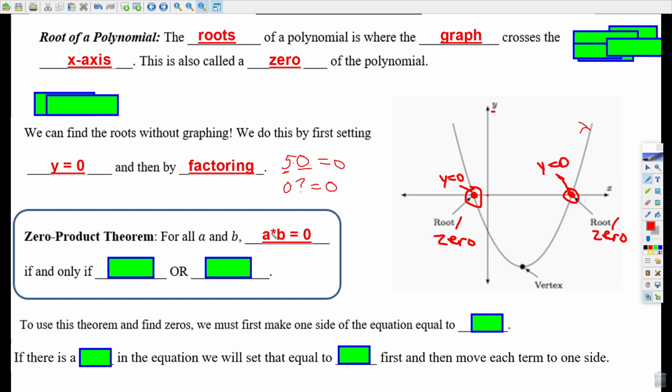So if I don't know the two numbers at all, all I can really say is that one of the two, or even both, but at least one of them has to be equal to 0. That's a pretty big concept that we're going to be using today. So if you have a times b equals 0, we know that either a is equal to 0 or b is 0. One of them has to be true in order for this to be a true statement.